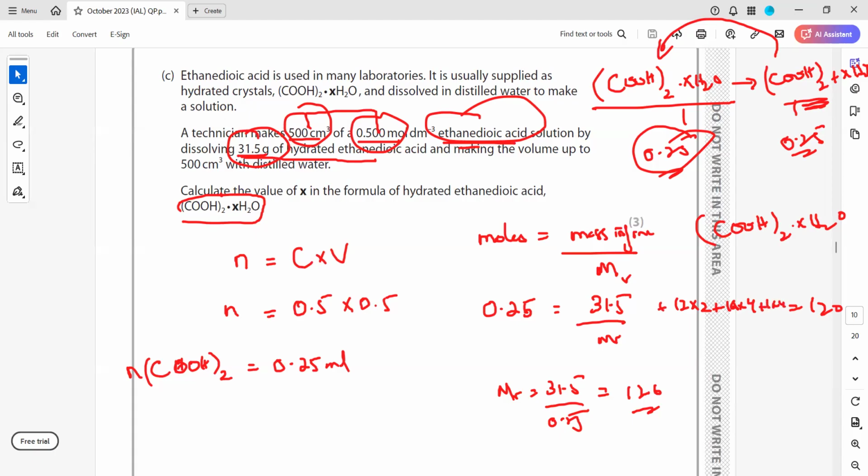And it includes X water, where X is the number of water molecules. So when we simplify this, 24 plus 4 is 28, and 28 plus 64 is 92... this comes to 90, so 90 is equal to 126.